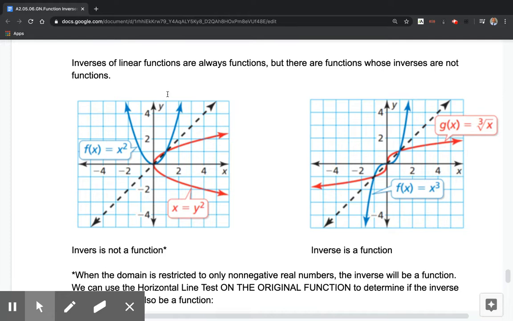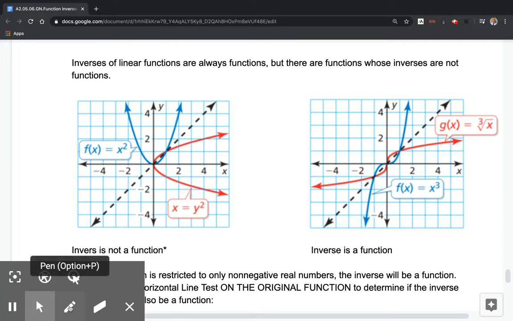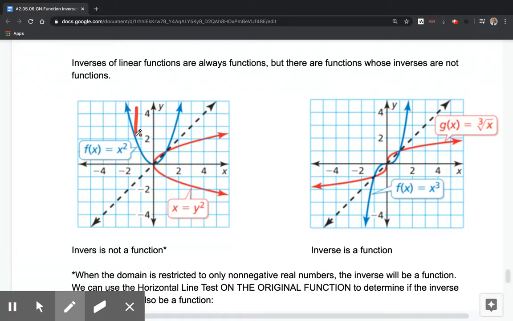Inverses of linear functions are always functions, but there are functions whose inverses are not functions. So as we can see here, if we were going to test to see if something is a function, we can remember that we use the vertical line test. And the vertical line test says if I draw a vertical line and it only crosses once, then that is a function.